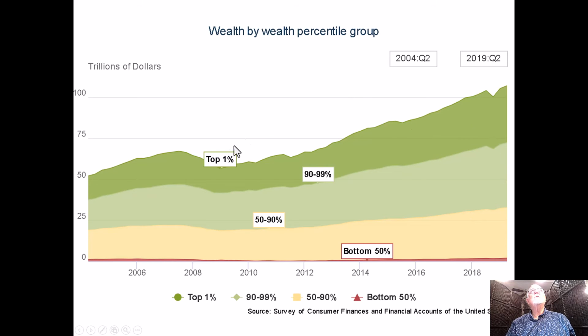So the top 1%, notice, they have a significant portion of the wealth. And then here's the poor bottom 50%. Their wealth is almost nil. So that shows us the degree of inequality in assets owned.